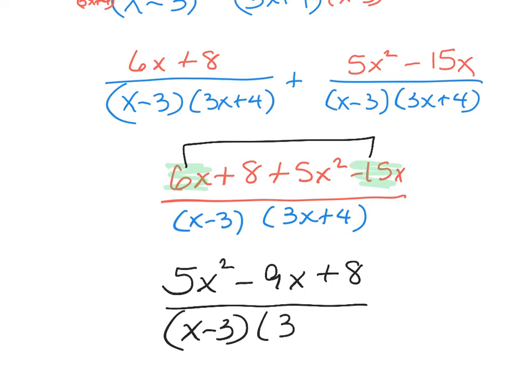Rewrite the denominator. Now what I need to double check is to see if I could factor this. So if I tried to multiply the beginning and the end, I was looking for factors of 40 that give me negative 9, and there aren't any factors. So this question is done. I can't factor or cancel anything else out. So this would be my simplified answer.